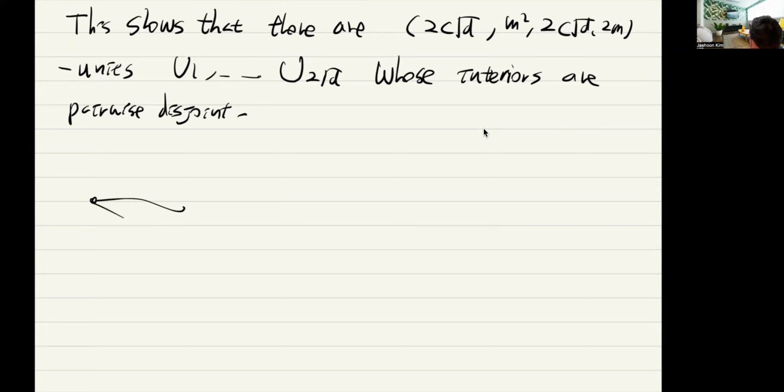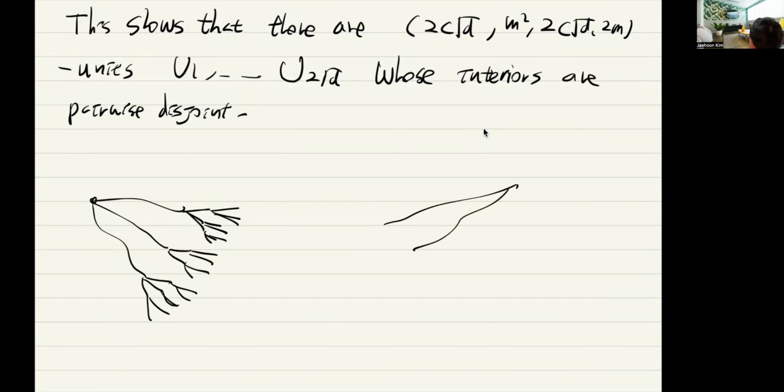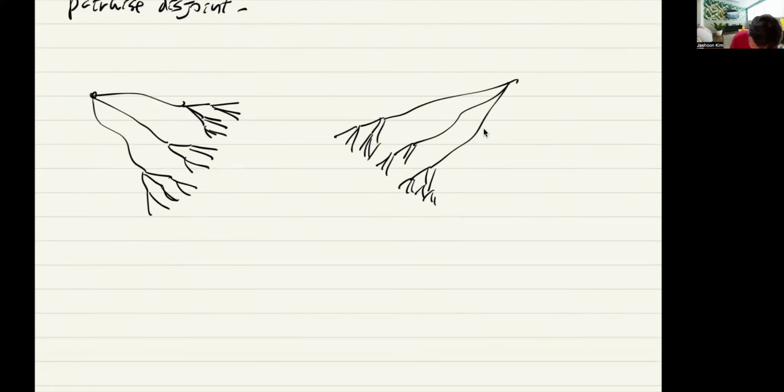So now what you have is this unit. Its exterior may not be disjoint.